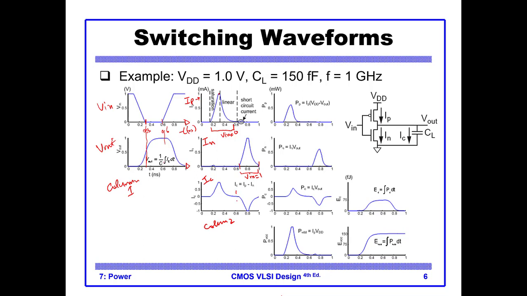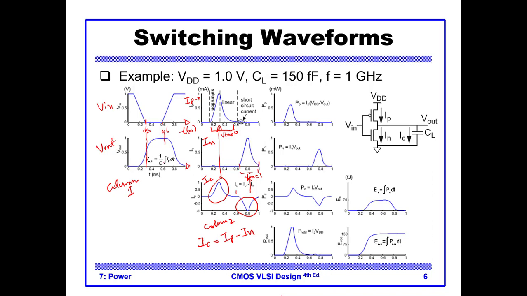IC is basically IP minus IN, so you just subtract these two curves. It is positive here because of this, and it is negative here because of this. This is the capacitor current.